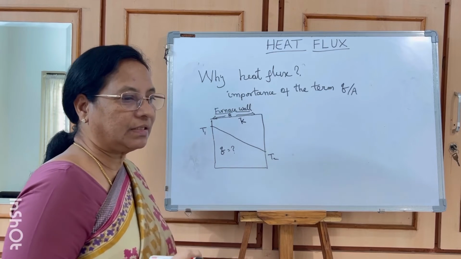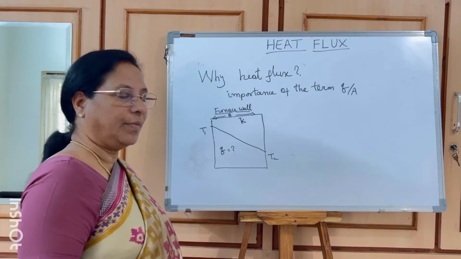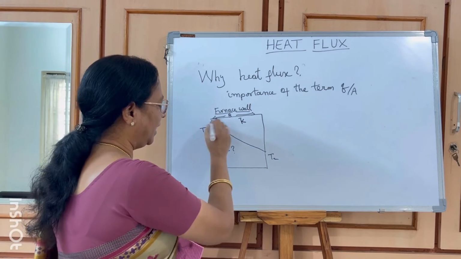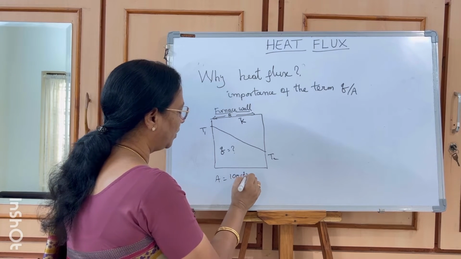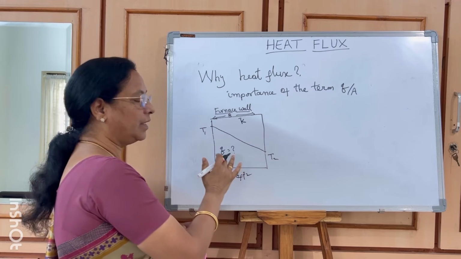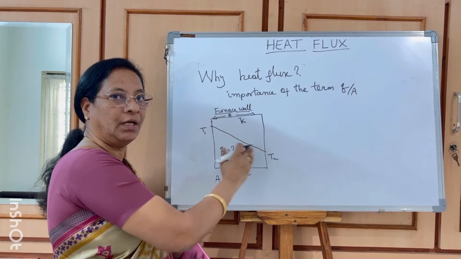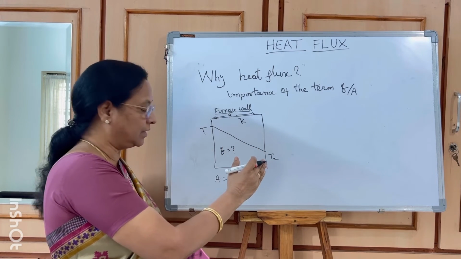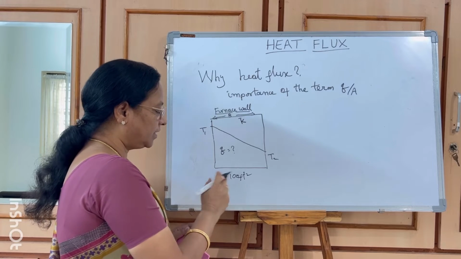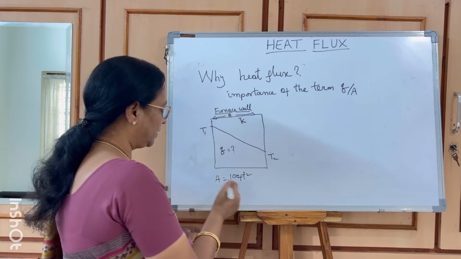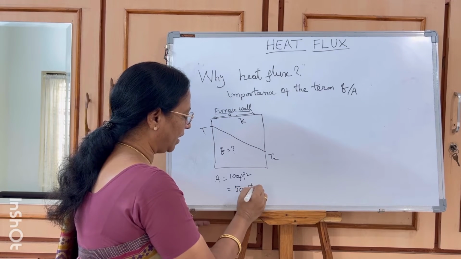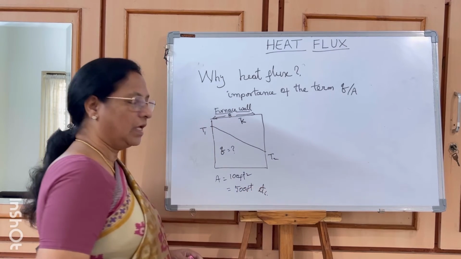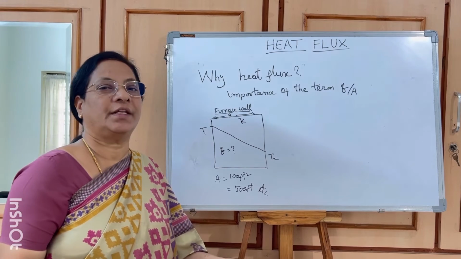But just think, in some industries the area of the wall may be 100 feet square. Area is also important in calculating the total rate of heat transfer, isn't it? In some industries it may be 100 feet square, in others 500 feet square, so the area may be different.